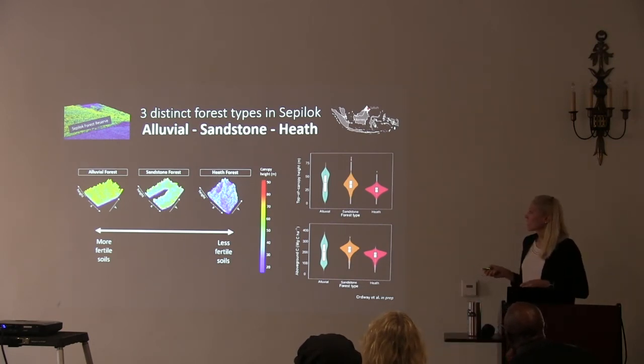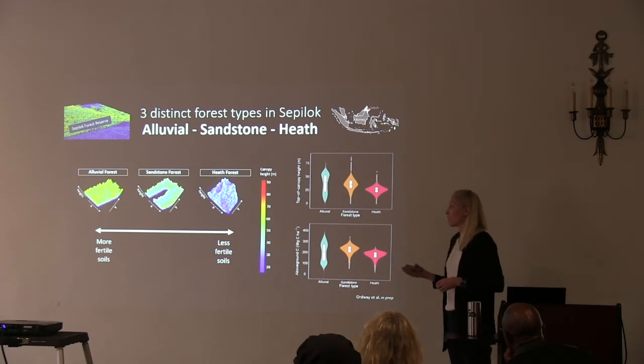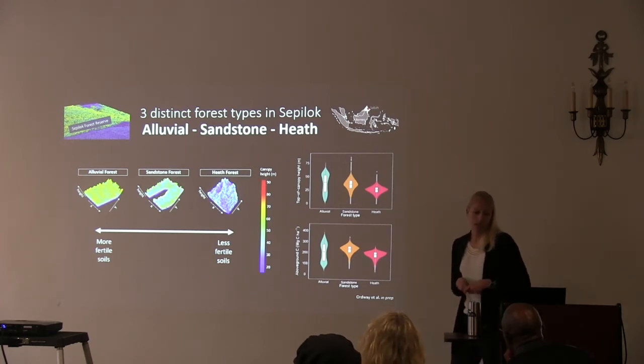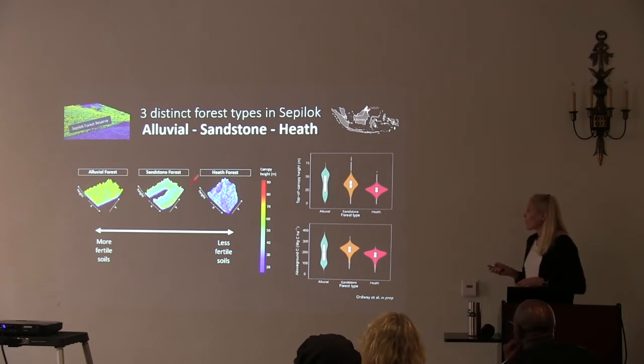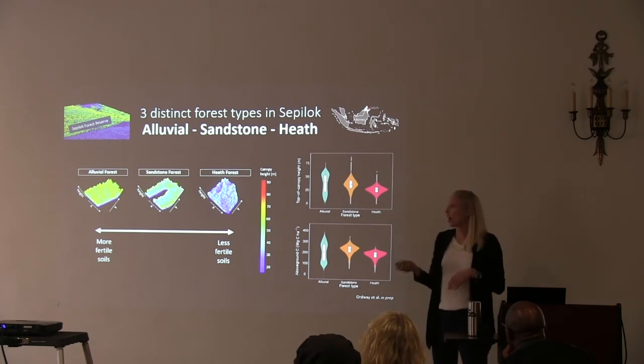You're seeing here the LiDAR data representing the vegetation structure in these systems. We know there are differences in the soil conditions and in topography, but what's interesting is that we see that reflected in differences in canopy height heterogeneity and gap dynamics. For example, heath forests are really stemmy forests with trees that only get to be about 35 meters tall.